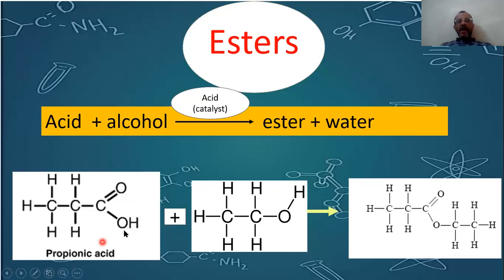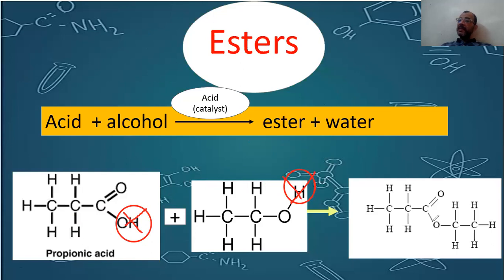Again, we take hydrogen from alcohol. We take the hydroxyl group from acid. Both of them, HOH, now form water. What happened? Now, what are the remainders of the compound after removing H from the alcohol and OH from the acid?